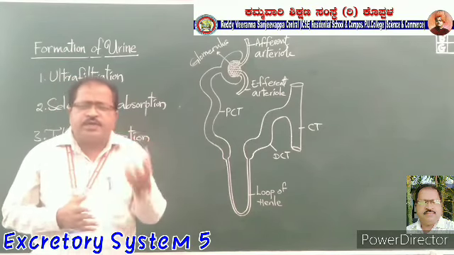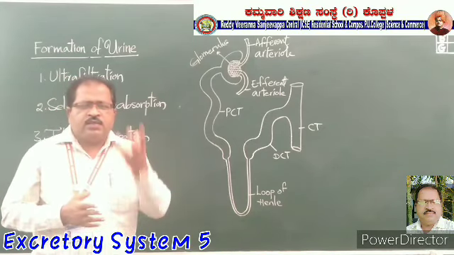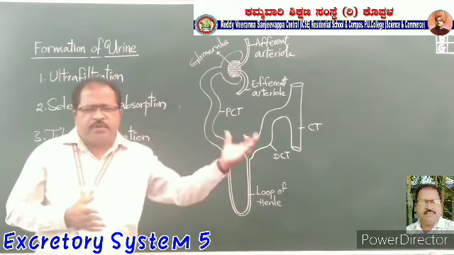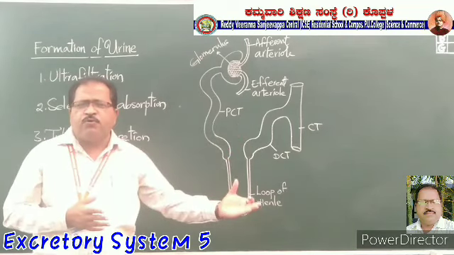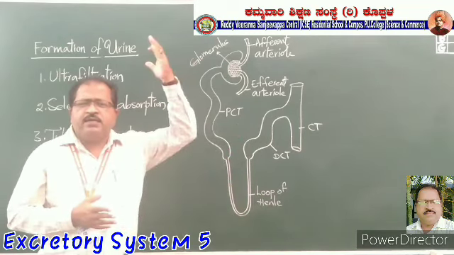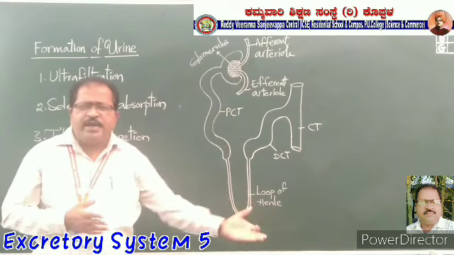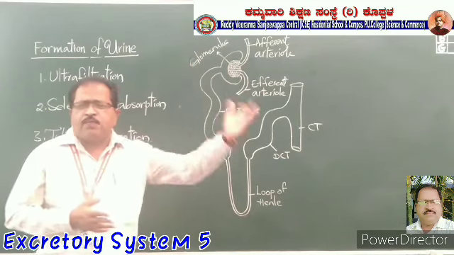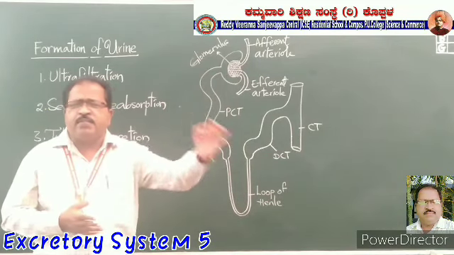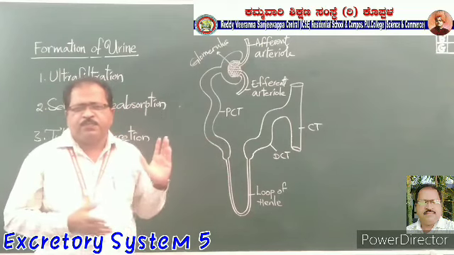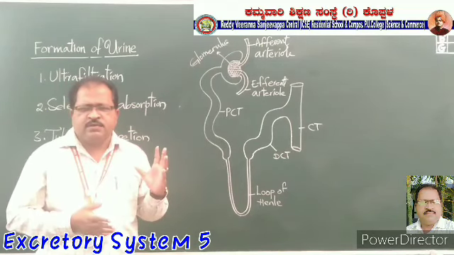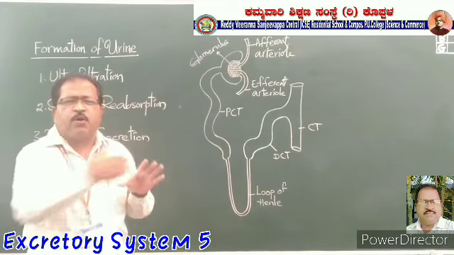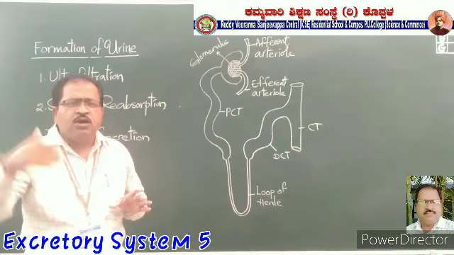Because of this hydrostatic pressure, the blood is filtered in the Bowman's capsule, and all the waste materials along with a large amount of water and urea, uric acid, bile pigments, glucose, and some traces of vitamins and minerals are filtered in the glomerulus, and those enter the PCT through the walls of the Bowman's capsule.